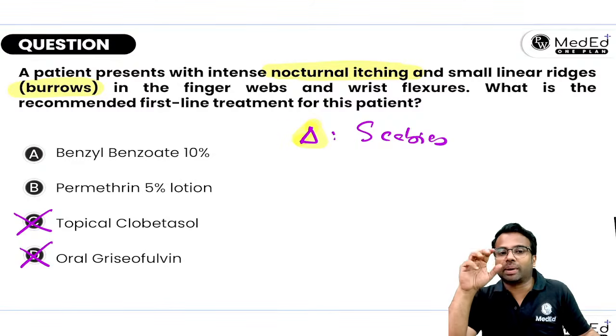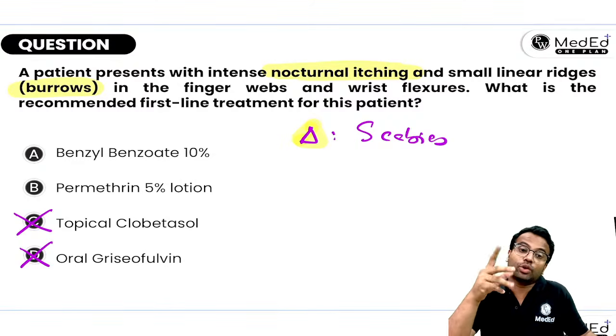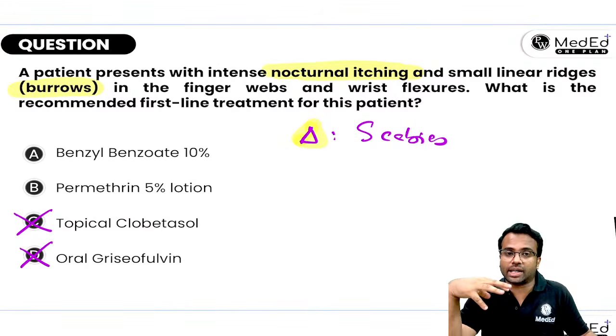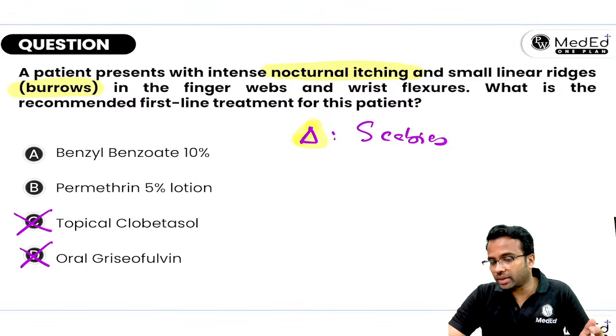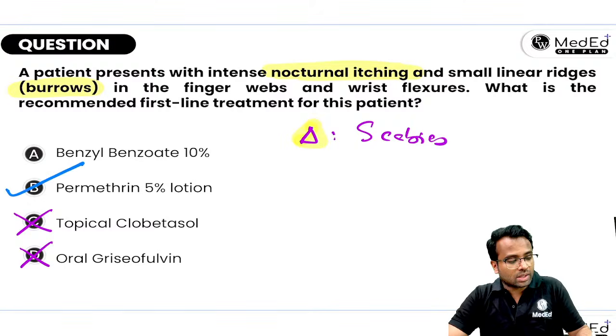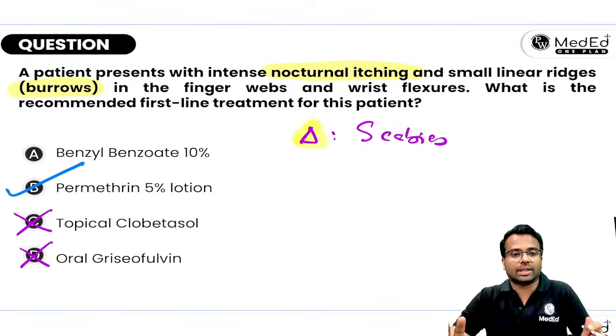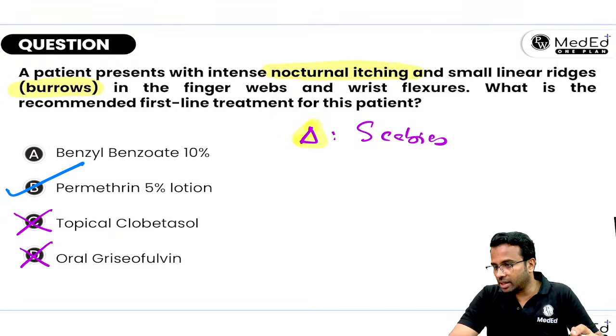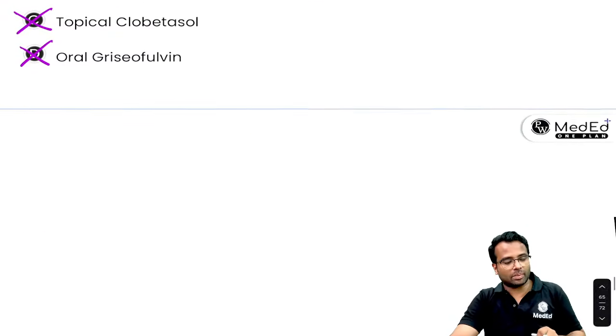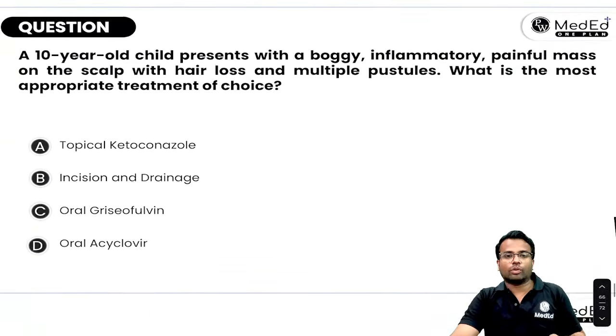Now I'm left with benzyl benzoate and permethrin. We can use both in scabies. That is why I'm coming to the best answer now. What should be the best answer? As all of you have answered in the chat box, it should be 5% permethrin lotion, which is considered the drug of choice in all cases of scabies. Moving to the next one.